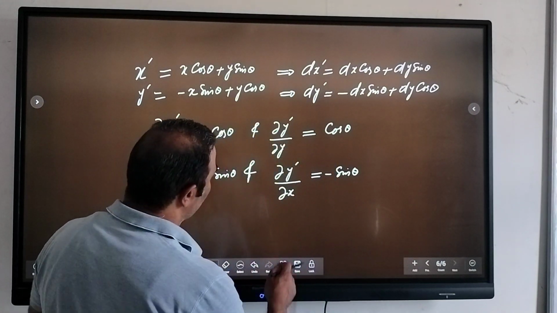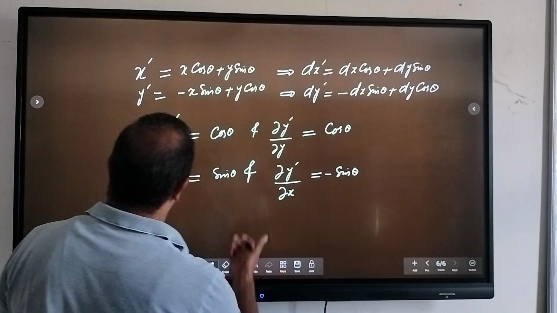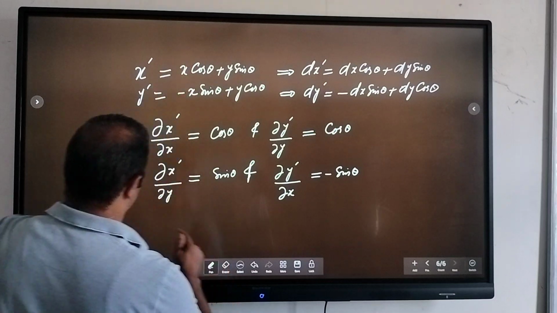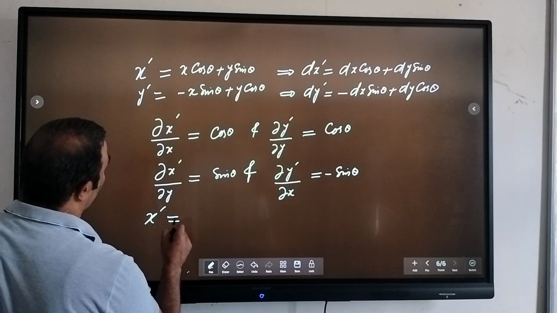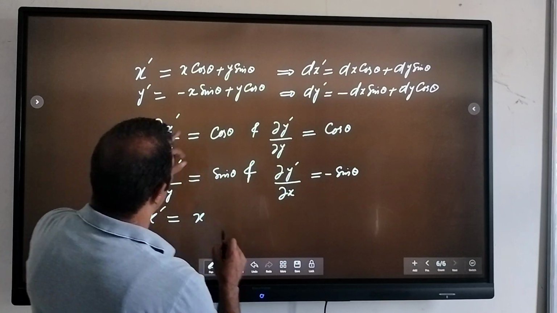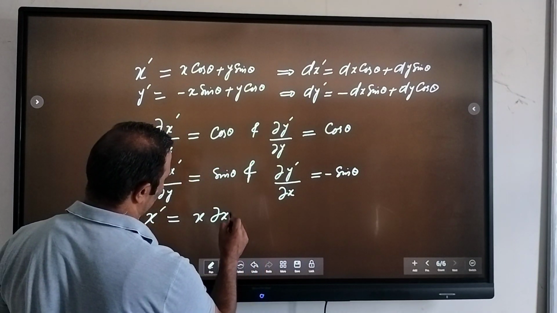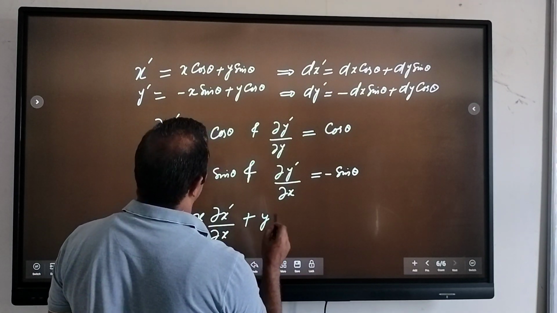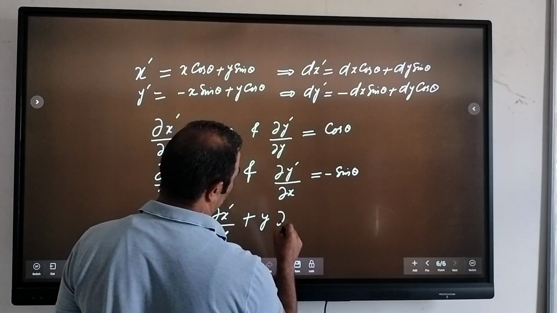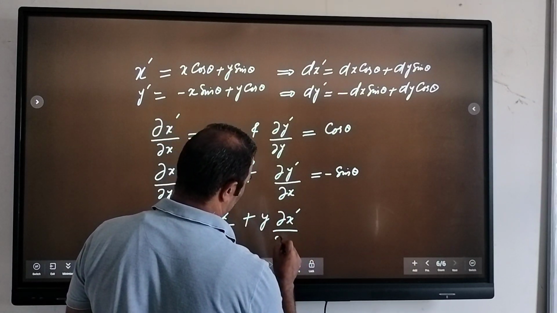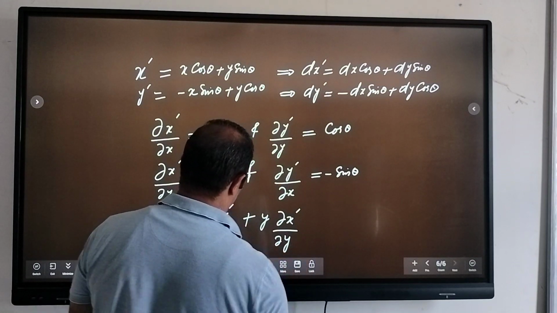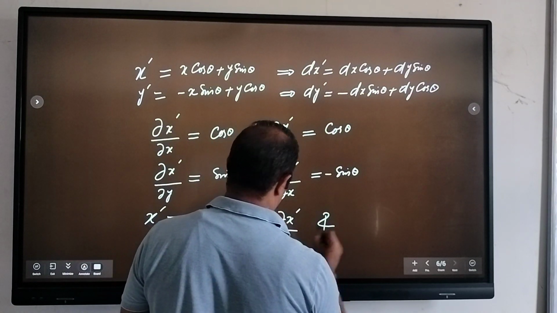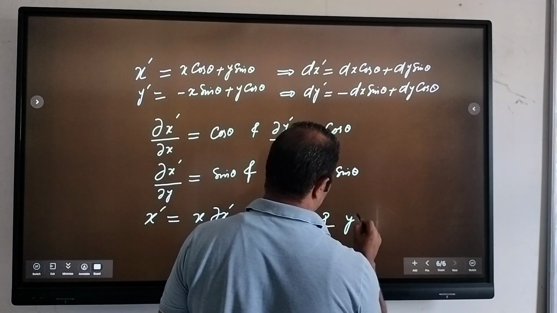Okay, so let us rewrite this equation. What equation do we get? Our x prime will be equal to x times, instead of cos theta, partial x prime by partial x, plus y times, instead of sin theta, partial x prime by partial y. And what's our y prime then?